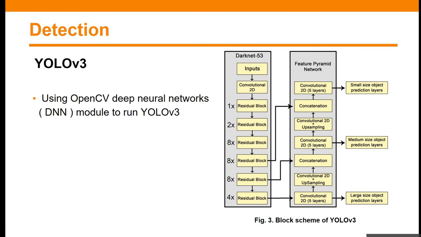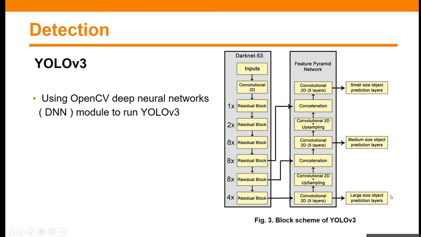For the case of detection, I am using YOLO v3. YOLO v3 consists of three main stages. The first stage is a feature extractor which consists of 53 convolutional layers written in the Darknet framework. Then the second stage is a feature pyramid network which does the main prediction at three different scales.